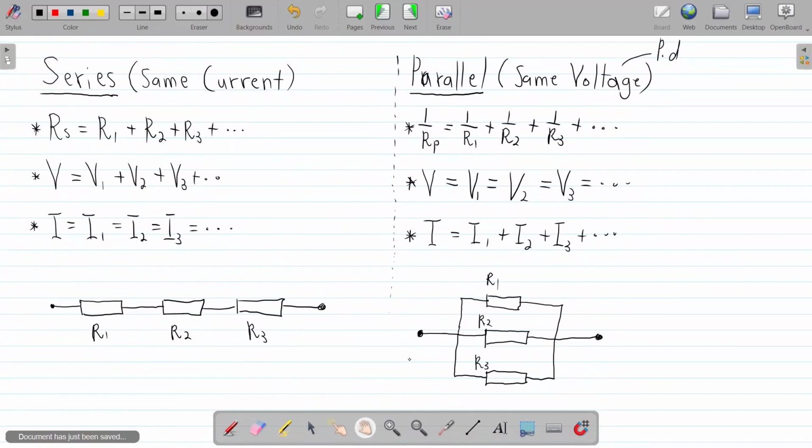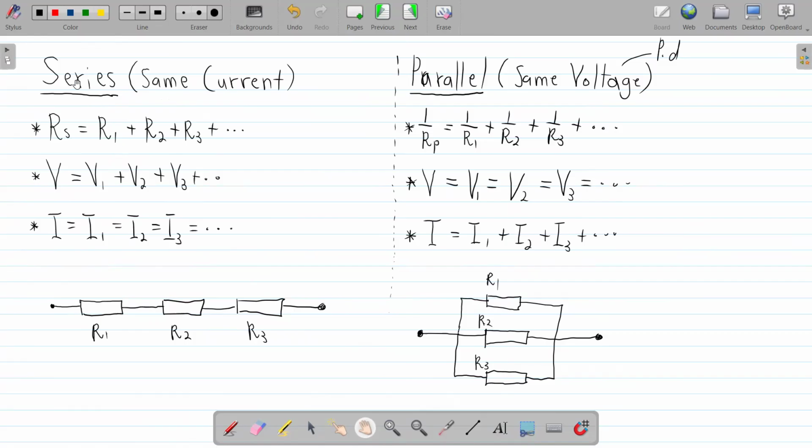And in parallel, they're connected alongside each other. Okay.